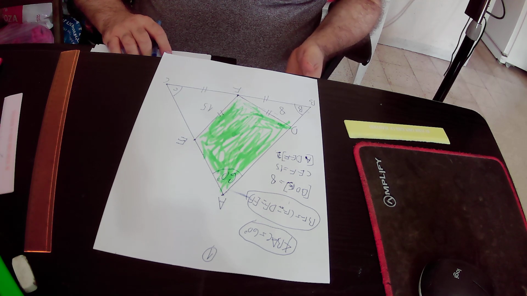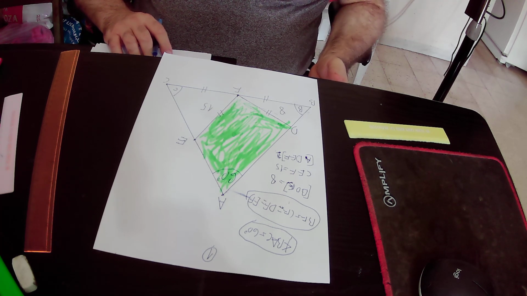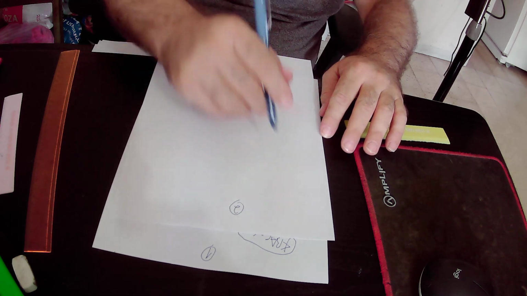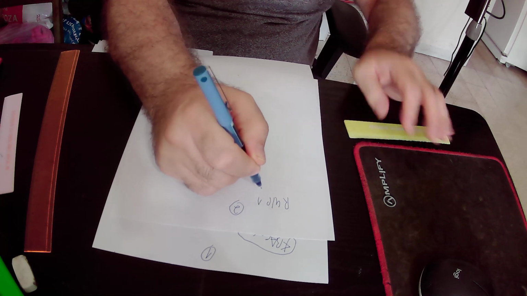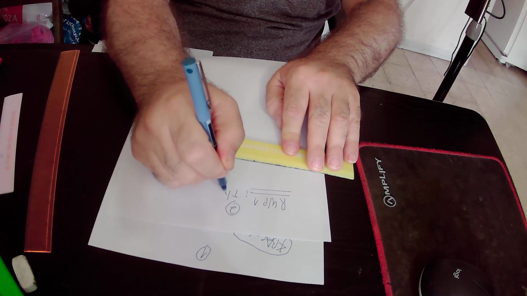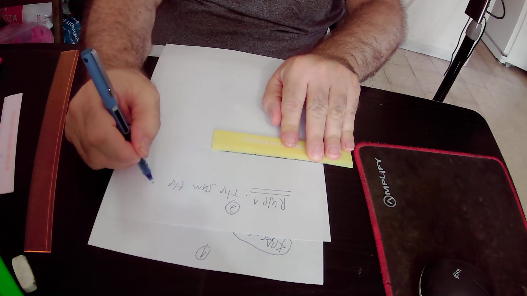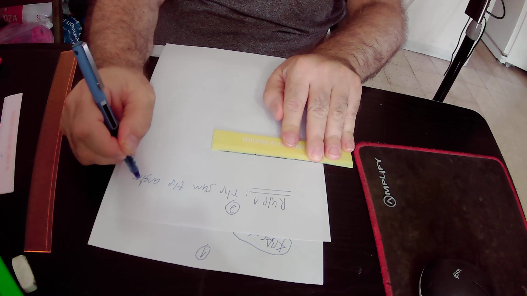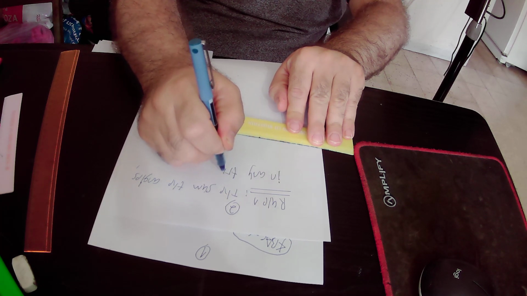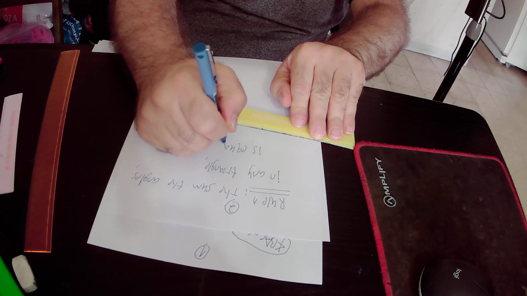actually we have rule number 1 that states that the sum of the angles in any triangle is equal to 180 degrees.